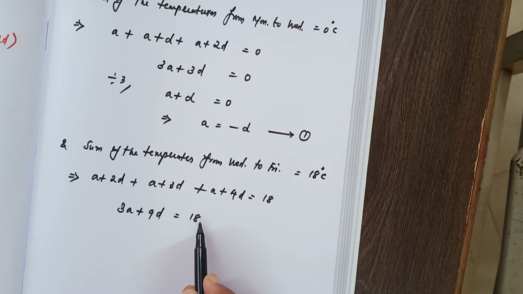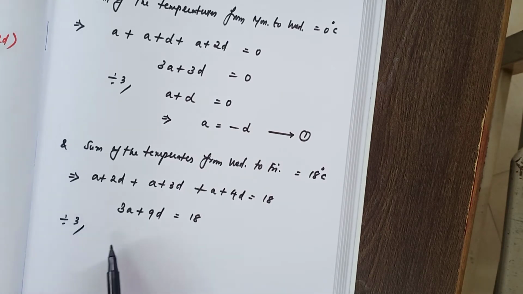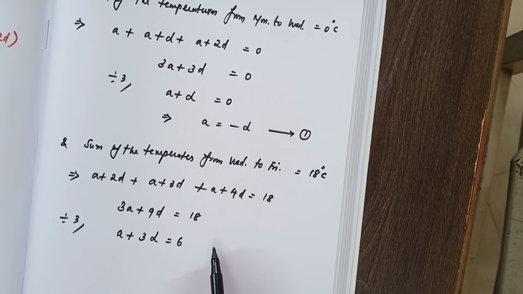3, 9, 18, all the 3 numbers can be divided by 3. If we divide, 3 gets cancelled, A plus 3D, 9 by 3 is 3, 18 by 3 is 6.